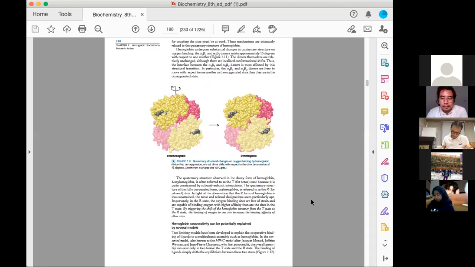Page 190. Sorry, the menu is blocking the text. So please go to 198. At the bottom of 198.